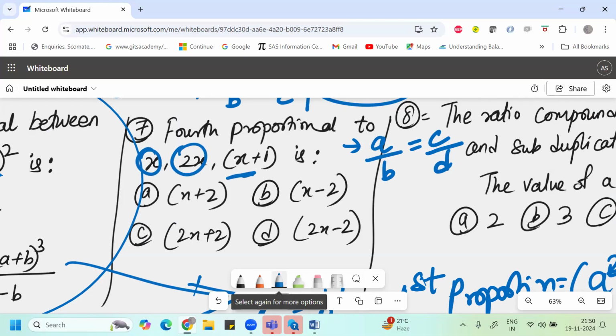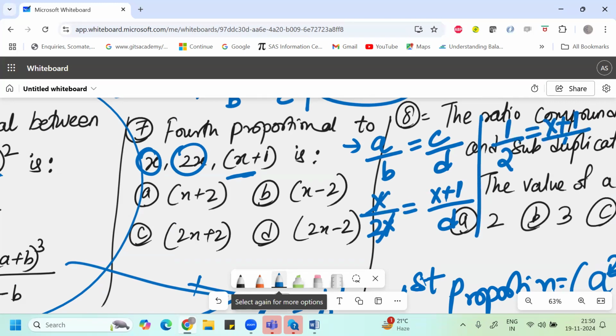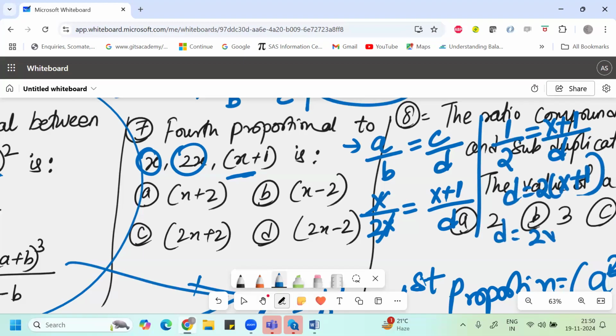So it means x by 2x is equal to x plus 1 by d. x by 2x you can write as 1 by 2, so 1 by 2 is equal to x plus 1 by d. You're getting it? So what is d? d is equal to 2 into x plus 1, which means d is equal to 2x plus 2.